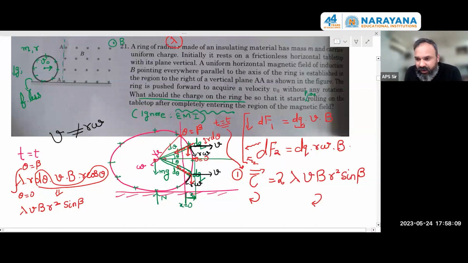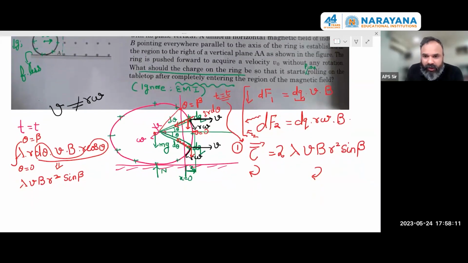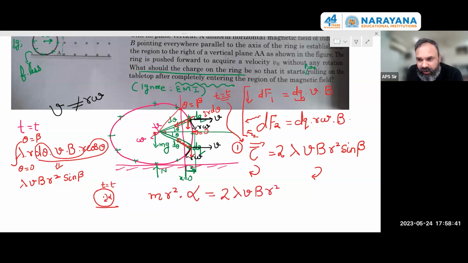And I'm saying that torque about the center for the ring is behaving with moment of inertia of this ring, which is m r square, so m r square into angular acceleration alpha at this instance. So if at t equal to T the ring is having an angular acceleration alpha about the center of mass, then m r square alpha should be equal to 2 lambda v B r square sin beta.